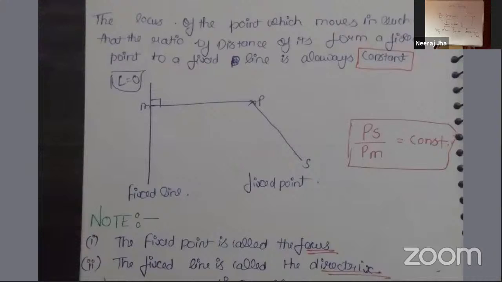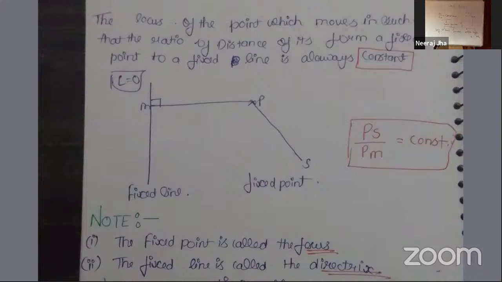The locus of a point which moves in such a way that the ratio of its distance from a fixed point to a fixed line is always constant. That means this locus is going to give you a conic section, right?